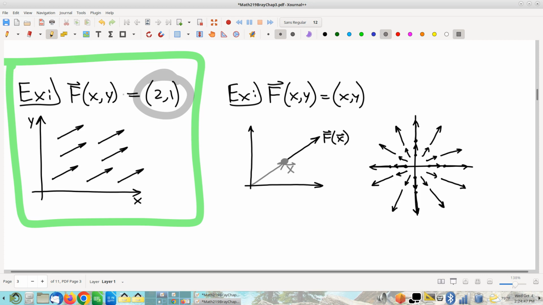So we're going to eventually have to figure out a calculus of vector fields, right? We already know some calculus of graphs, partial derivatives being slopes, stuff like that. We've talked about some calculus of level sets. Gradients are perpendicular to level sets, right? Stuff like that.